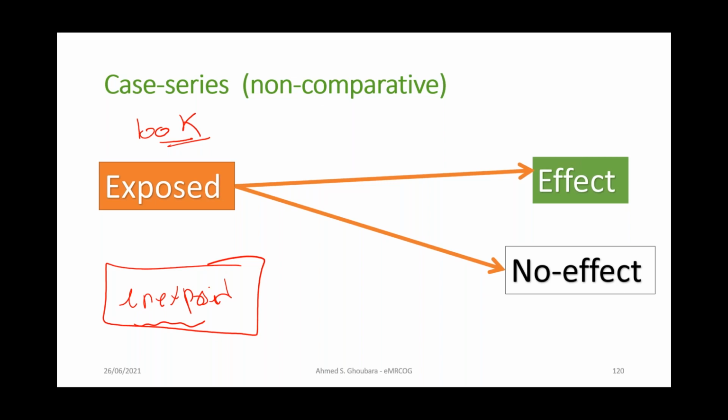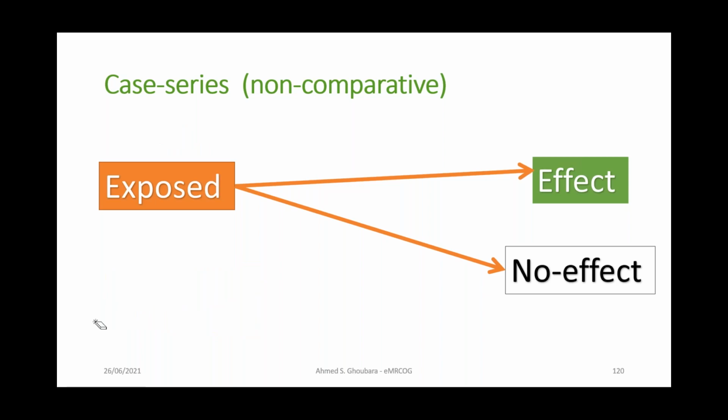Suppose 1,000 women develop breast cancer, so the incidence over the next 15 years will be 1%. Actually, it should be 12% for breast cancer. Now you have discovered the incidence of breast cancer using a case series study. Okay, clear.